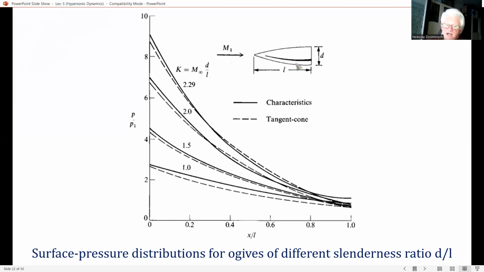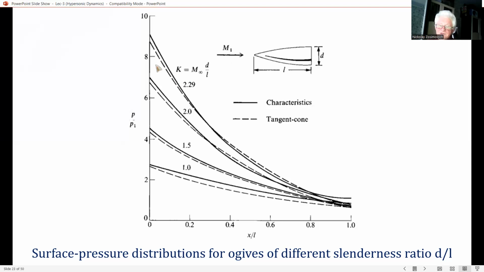Each set of results is presented for a different value of K, proportional to M infinity times d over L, where d over L is the slenderness ratio of the ogive, with length L and diameter d.